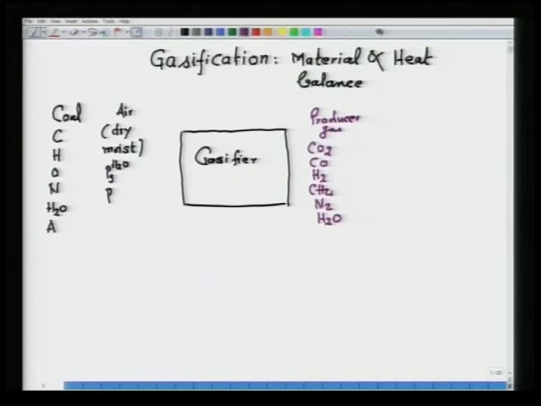Then the output of the gasifier also has HS. Now, HS means it is a mixture of ash plus carbon, because in the previous lecture you have seen that when the coal burns, ash is left over and discharged, and along with that some very fine particles of carbon are also discharged. So, that is called HS, not ash.